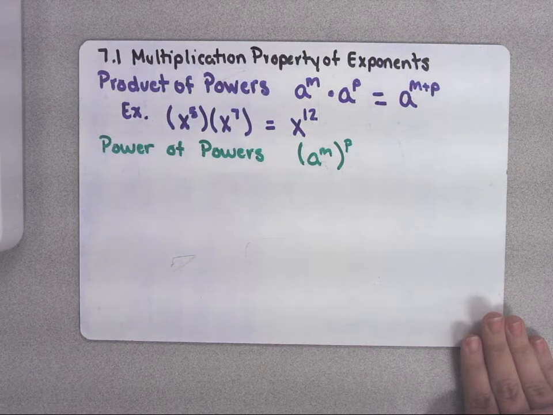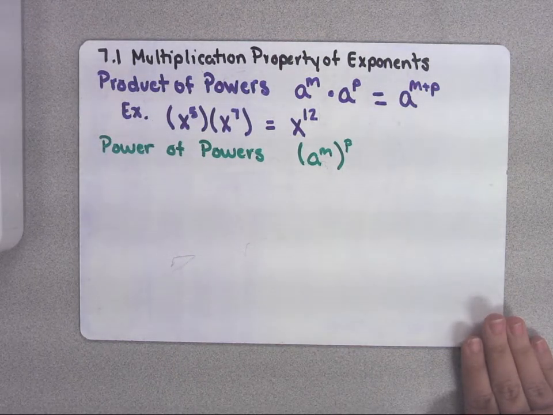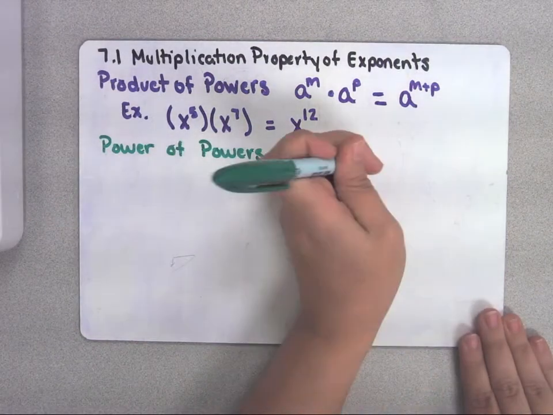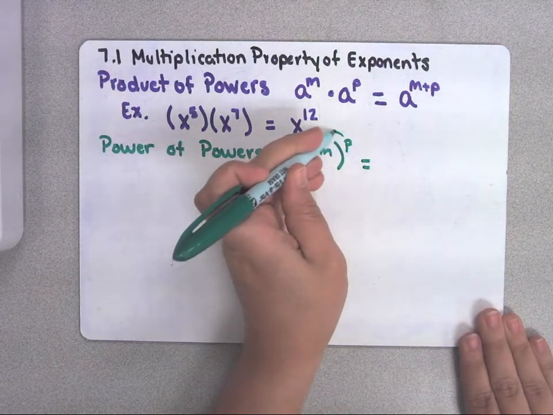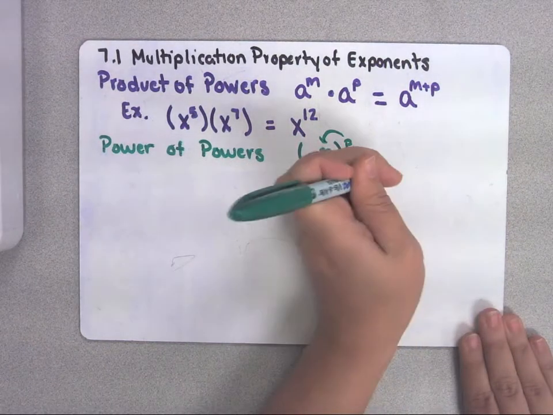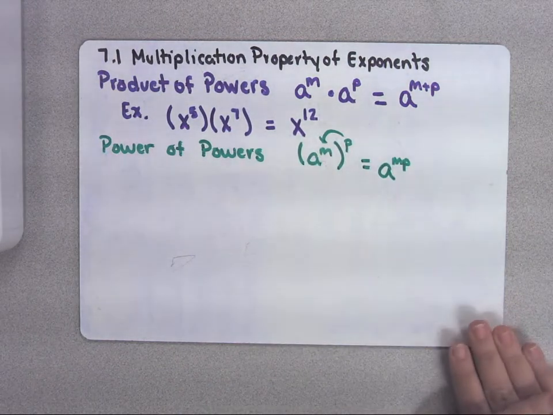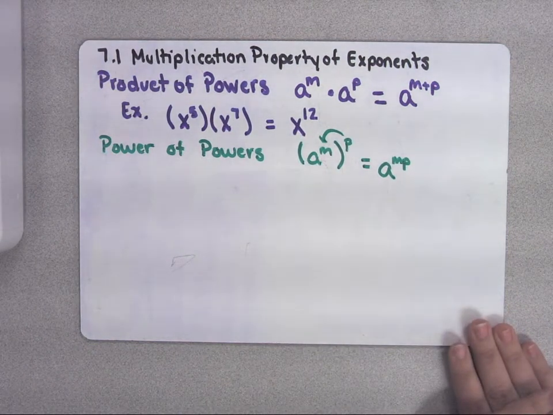This is how I remember it. P is on the outside of the parentheses, right? When you have a whole number outside of the parentheses, what do you do with it? You distribute and you multiply it. You're going to do the same thing with exponents. You take that p and you're going to multiply it inside. So this turns into a to the mp right now, because we don't know what mp is. So it's m times p.